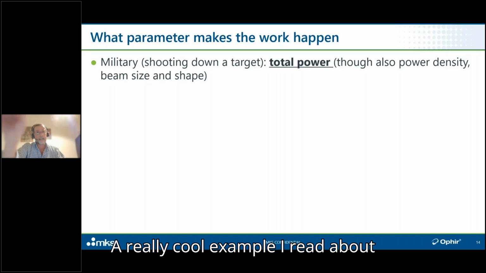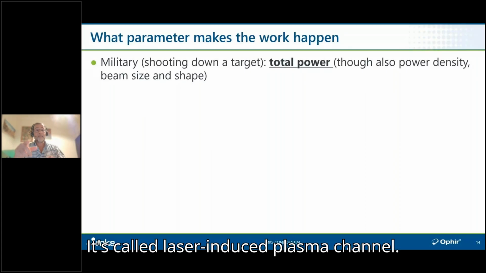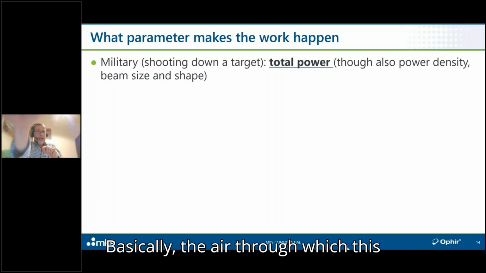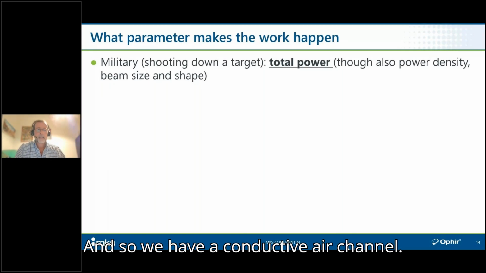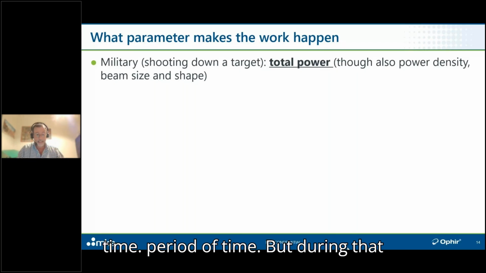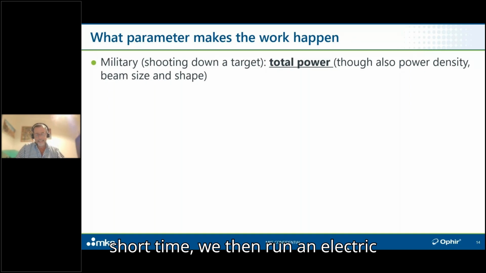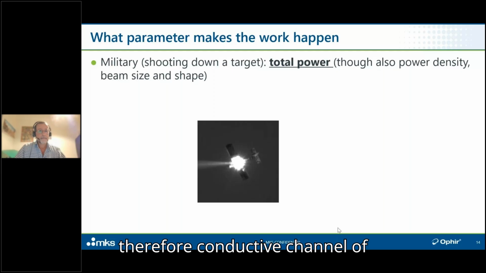It stays conductive only for a short period of time, but during that short time, we then run an electric current through that ionized and therefore conductive channel of air, and that current zaps through the target and uses the target as its path to ground. It's kind of like using a laser pulse to enable Zeus-like throwing of lightning bolts at a target. That's pretty amazingly cool.